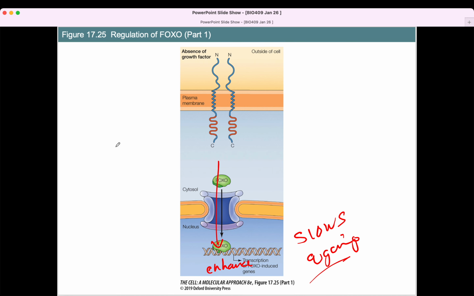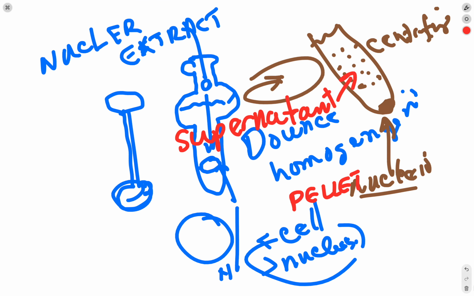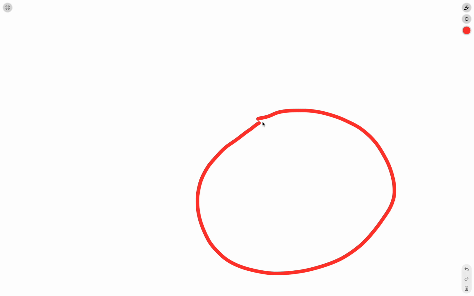So that's that. The next thing, which we just haven't emphasized, is that I'm going to redraw this and zoom out just a little bit. What we're showing here is a cell, which we would call a target cell, and it's a target of this molecule, which in the example figure is a growth factor.